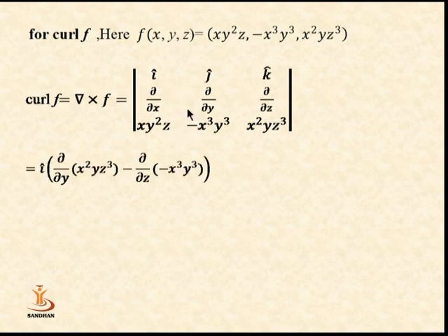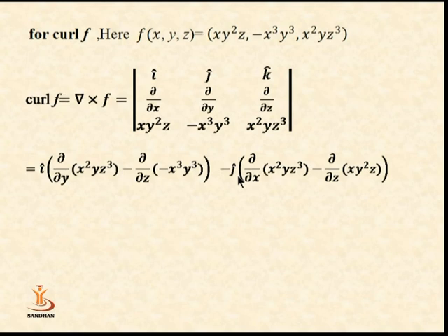First we do the differentiation of f3 with respect to y. So here del by del y of x square y z cube, minus we differentiate f2 with respect to z. Thus we get del by del z of minus x cube y cube. Again we take minus j, that time we use the first and third column.